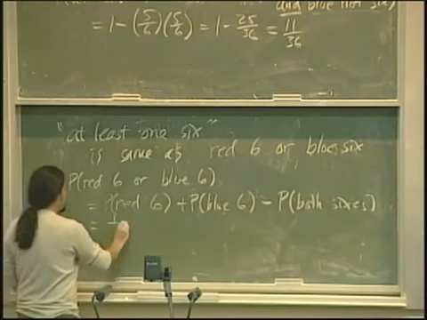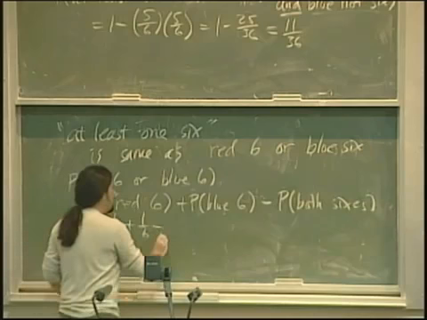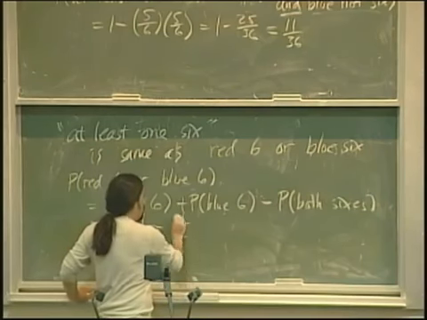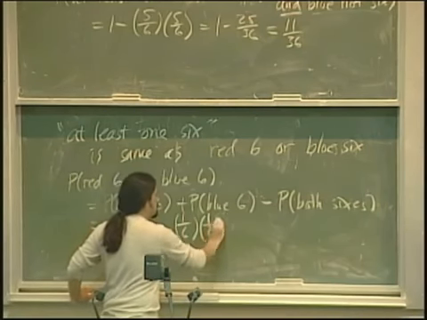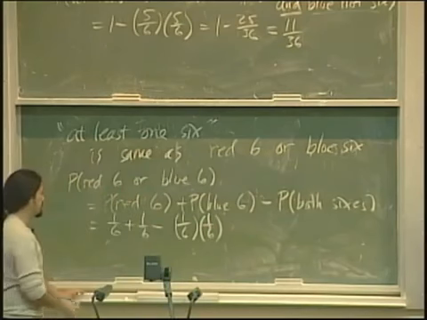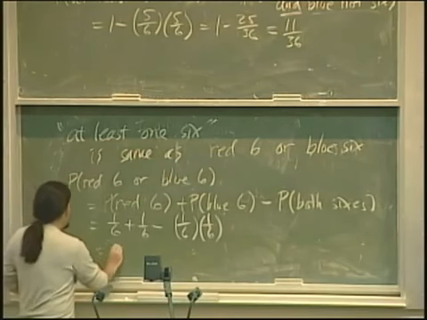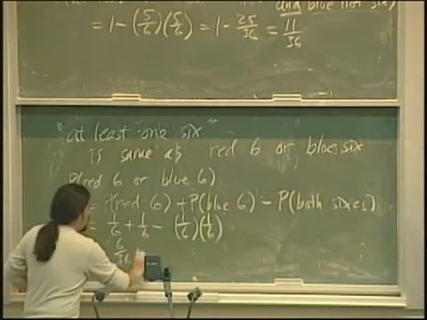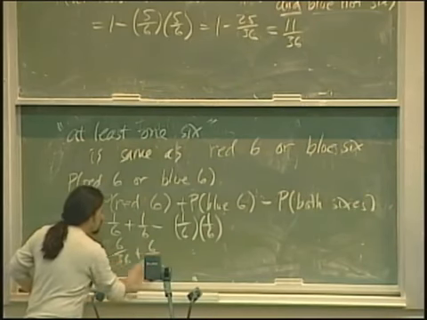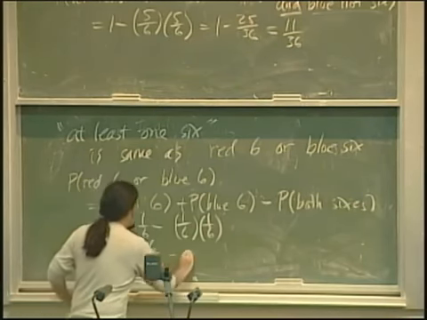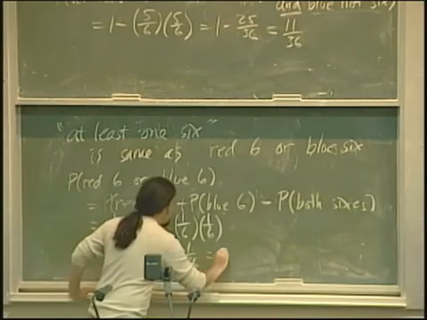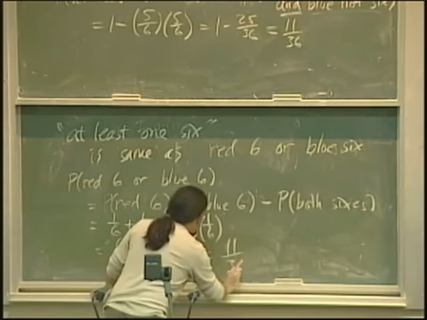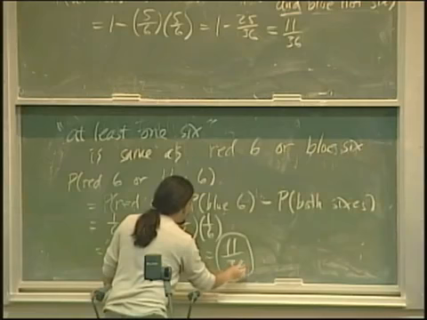So that's going to be 1/6 plus 1/6 minus, for red 6 and blue 6, 1/6 times 1/6. So this is 6 over 36 plus 6 out of 36, 12 out of 36, minus 1 over 36, which gives me 11 out of 36. So same answer, yet a different way.